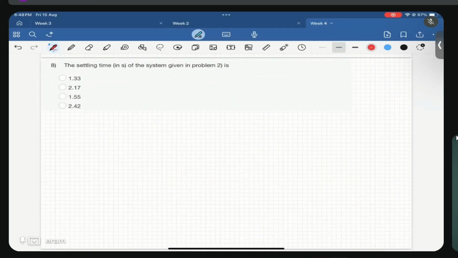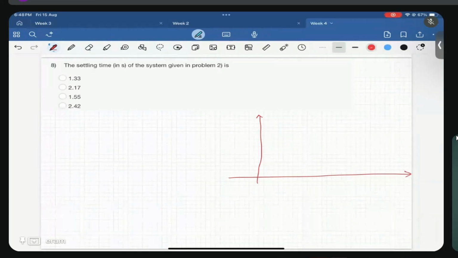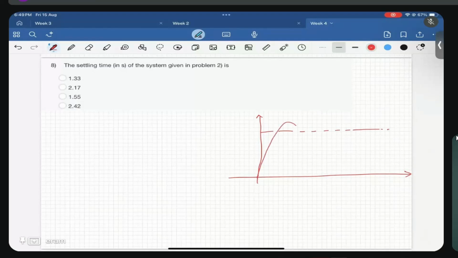Now calculate the settling time. 1.33. So is 1.33 for a 2% band or a 5% band? 2% band.